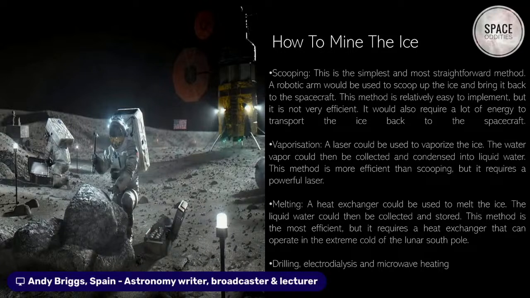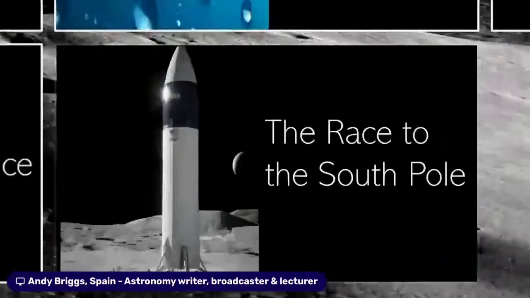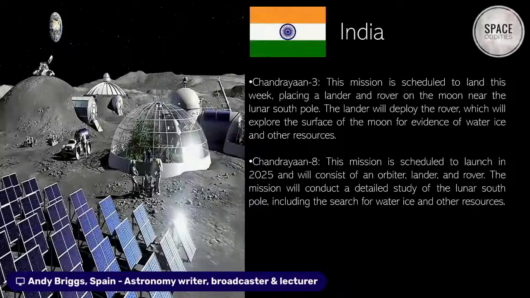But there are lots of people working on this. So by the time that humans are ready to start mining the ice on the moon, then hopefully we'll have a good method of doing so. And lastly, talking about the race to the South Pole, well, we've got all sorts of countries involved in this. India, of course, Chandrayaan-3 is going to land on Wednesday, all being well. Fingers crossed. Hope it goes well, India, because God knows you need a success. They're also looking forward to the future, to Chandrayaan-8.